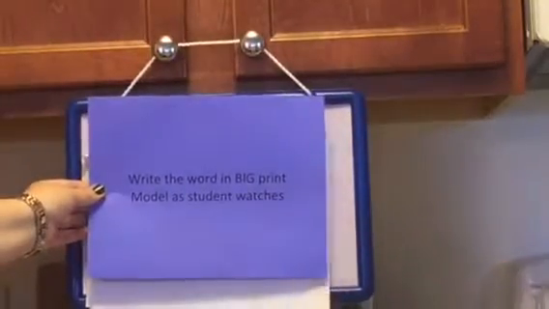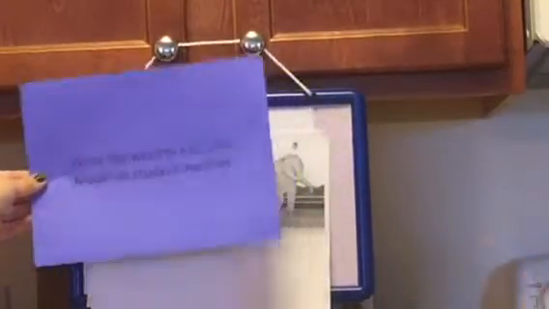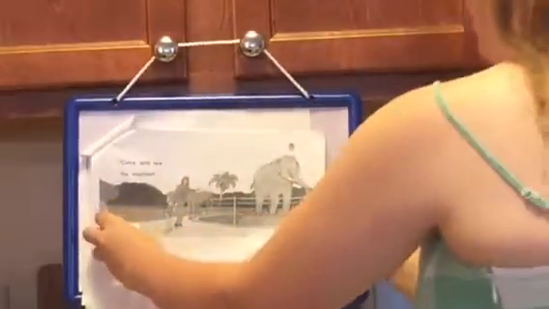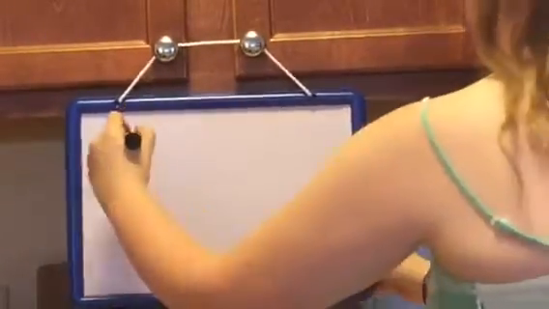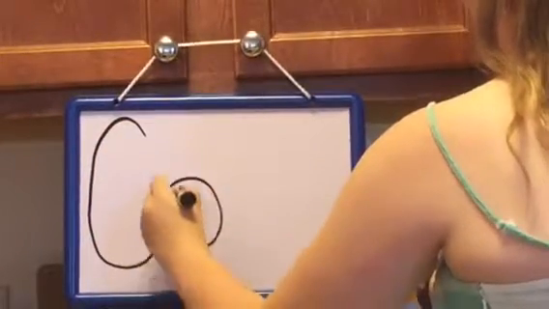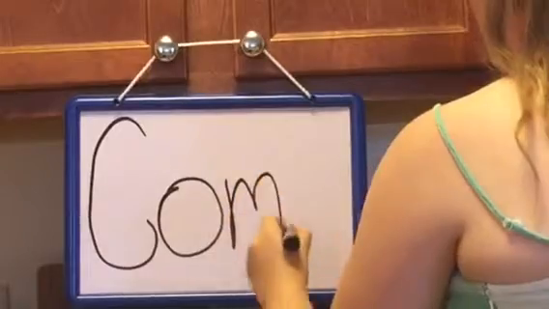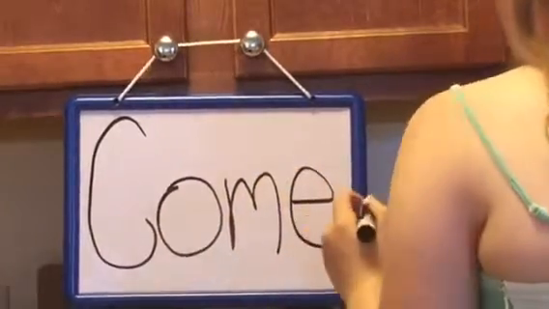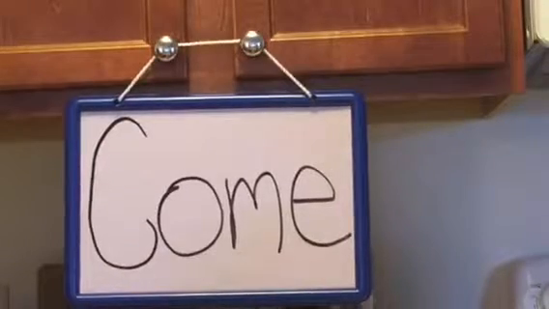Next, we are going to write the word in big print. I am going to model it as the student watches me do it. Come. Do you see how I wrote the word? What word did I write, Sally?